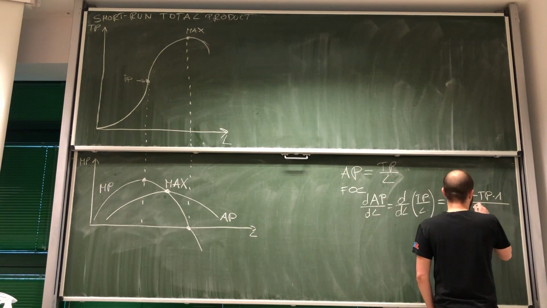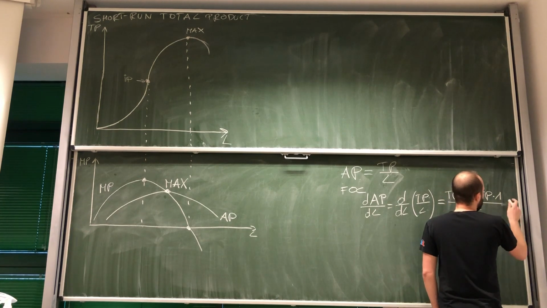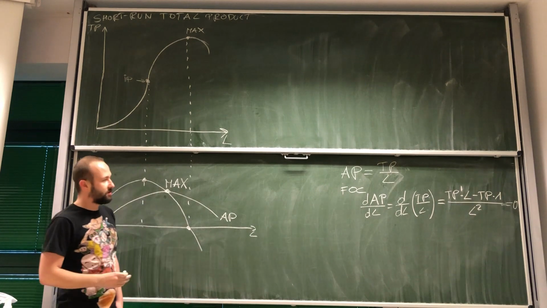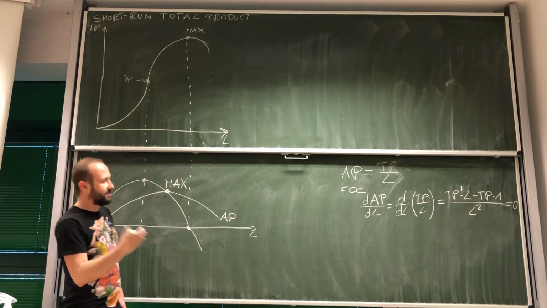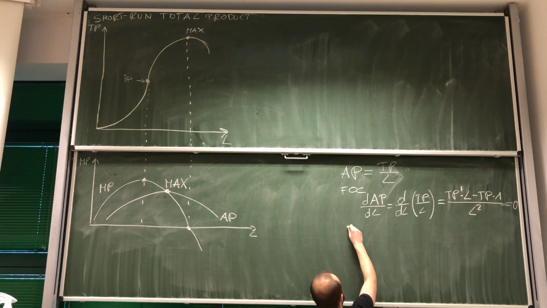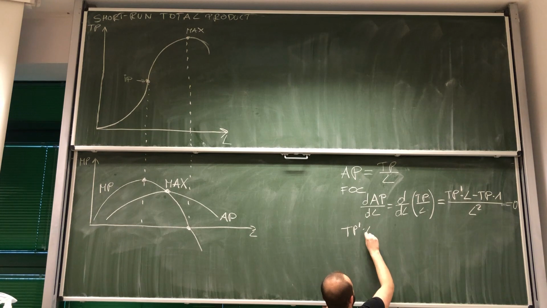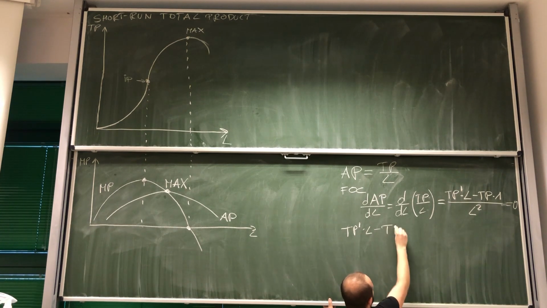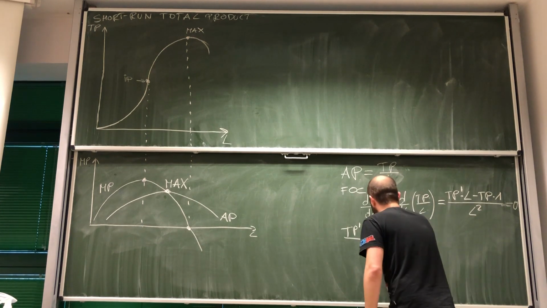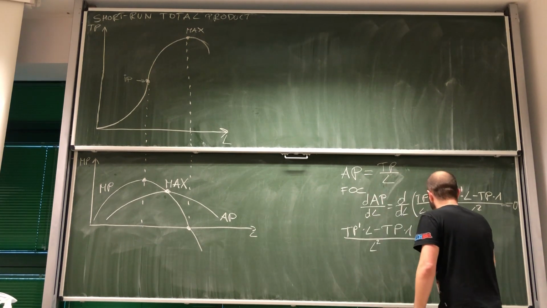And we divide it by L squared. And look, this needs to be equal to 0 to ascertain that this is a maximum. Okay, so look, what did we get out of this is the total product prime times L minus Tp times 1 divided by L squared must be equal to 0.